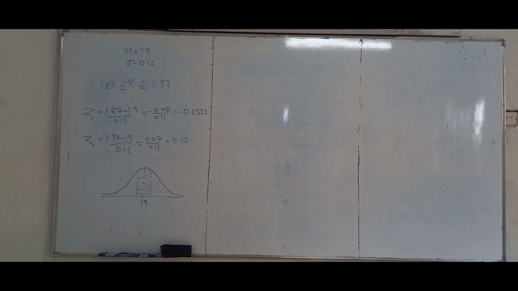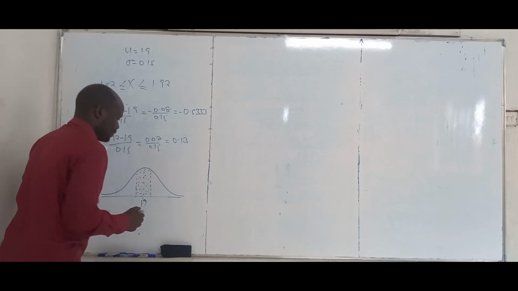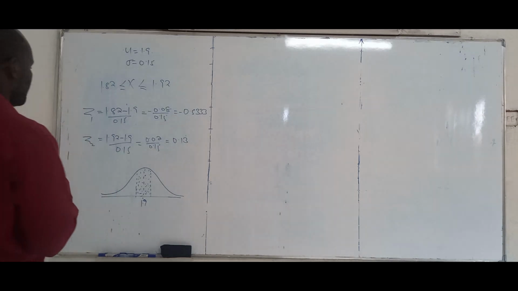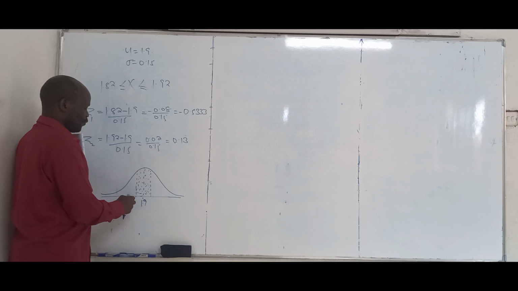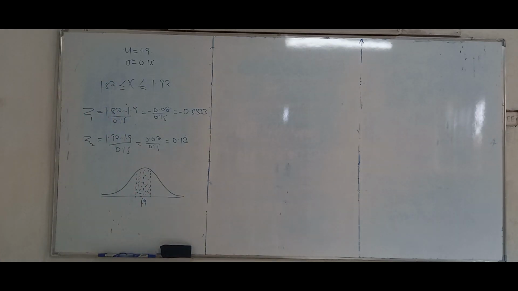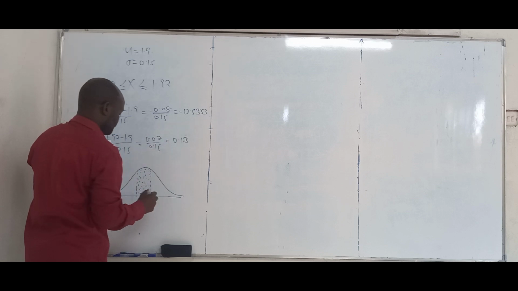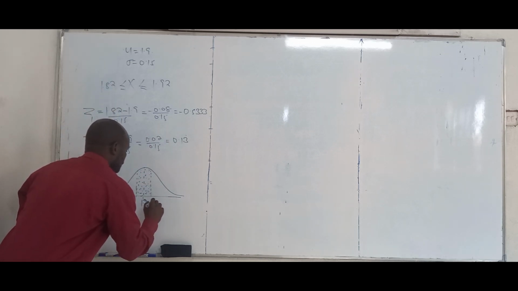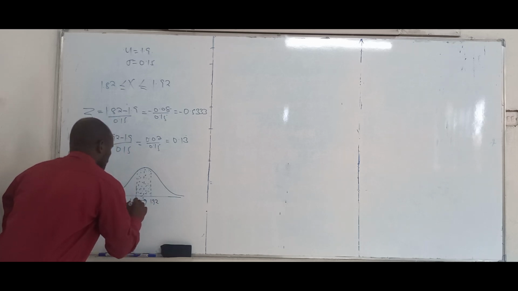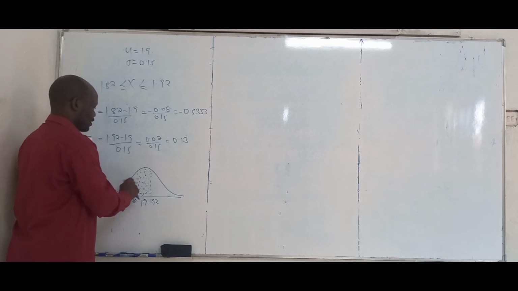How will the area be? If this is 1.9, this is 1.92, and this is 1.82, which is the other end, then for us to get this area, we would have to subtract the area from here to here.